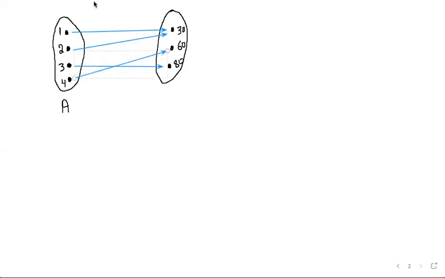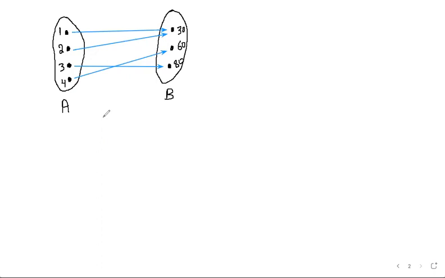So look here, every element in the set A goes to one element in the set B. So this is a function. Every element here goes to one element in the set B. And this is true. This is a function.